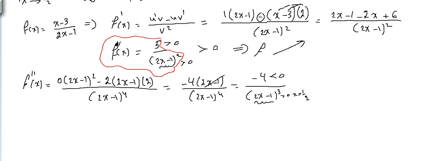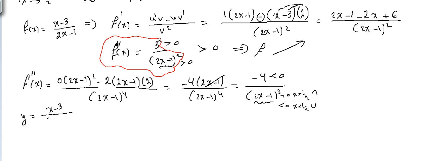In this case the numerator is negative, so the whole second derivative will be negative and the concavity will be downwards. And if 2x minus 1 is negative, x will be less than half, and negative over negative is positive, so the concavity is upwards.